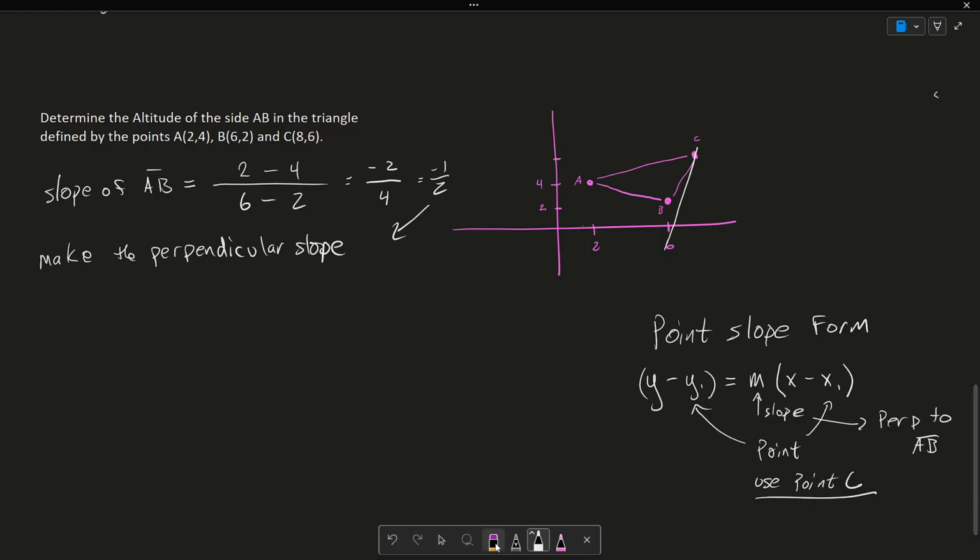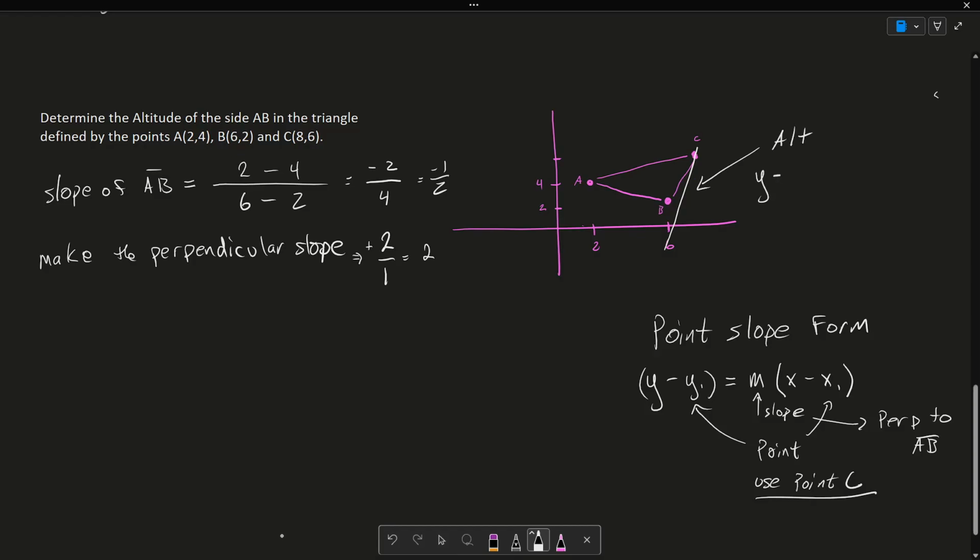It's 2 over 1. And then I change the sign, so instead of negative I make it positive. So it's a positive 2 over 1, which we can just say is 2. So there we have it. We actually have the altitude. It's all ready to go.